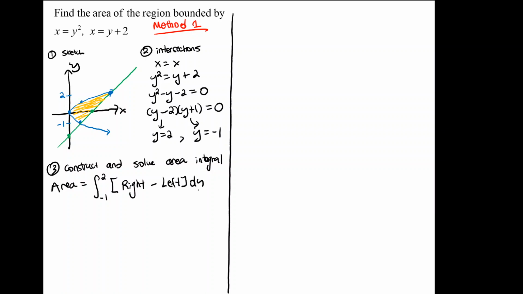Now we're integrating in the y direction. The rightmost function is the green one, the one with the higher x value, the line y plus 2. And the leftmost function is the blue one, which is y squared.